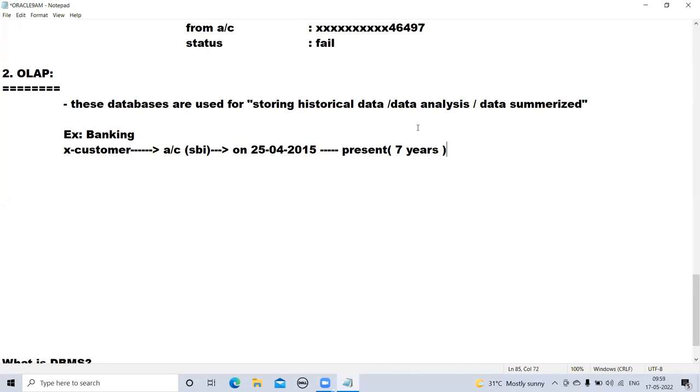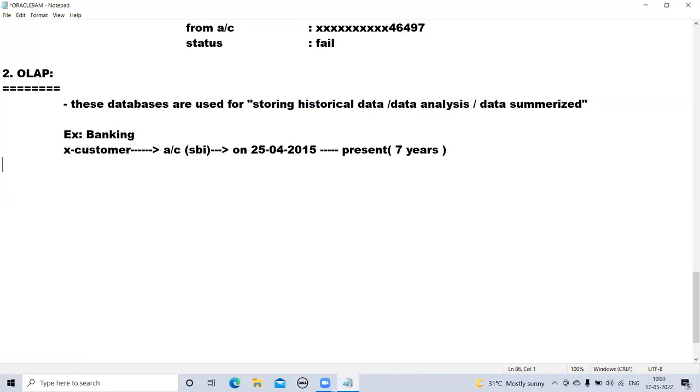Now tell me, guys, in 7 years of time, how many transactions has this customer performed? Can we count here? No, we don't know. There are a number of transactions.